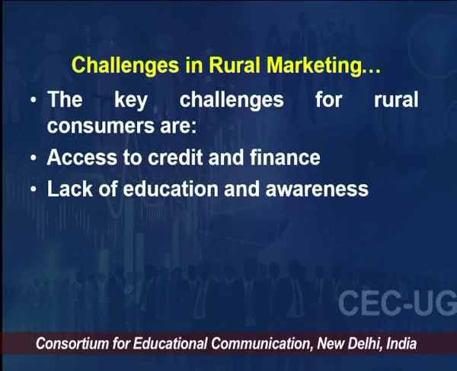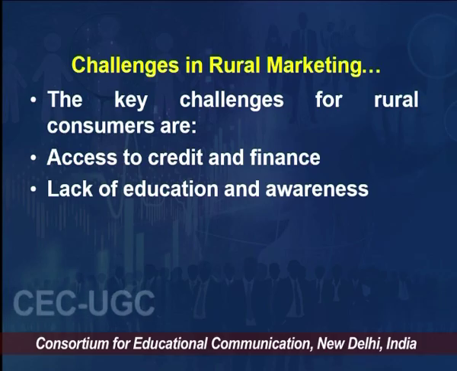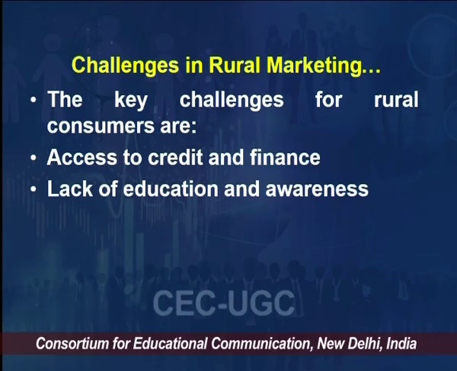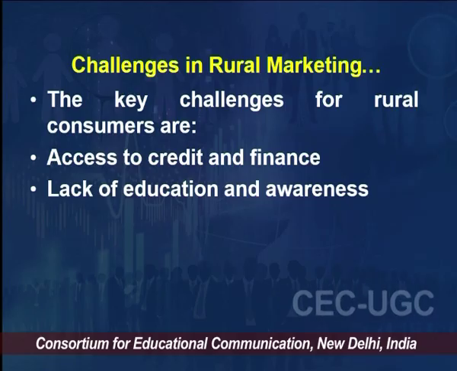Banks are providing credit, but villagers have some inhibition, some doubt that they may have to pay extra interest on the amount they take as a loan. So they still consider loan to be a bad thing. Although it is being provided by the government, and the government is always there to inform and persuade them, there is still restricted access to credit and finance.